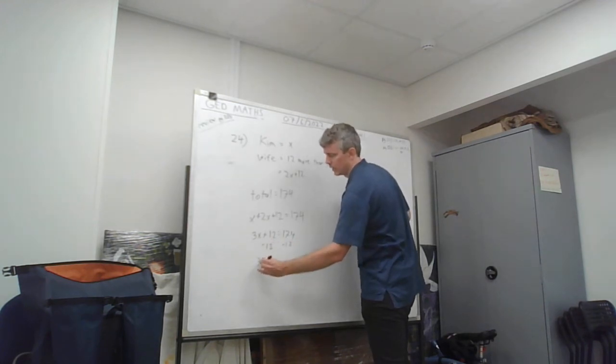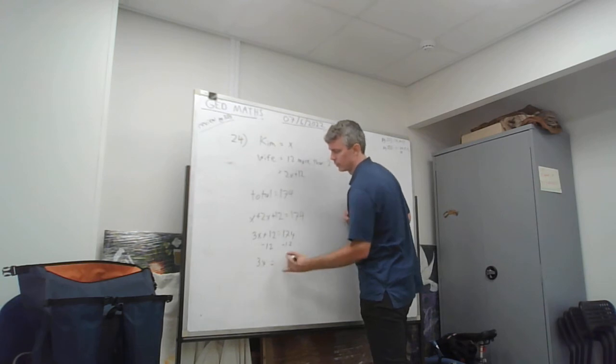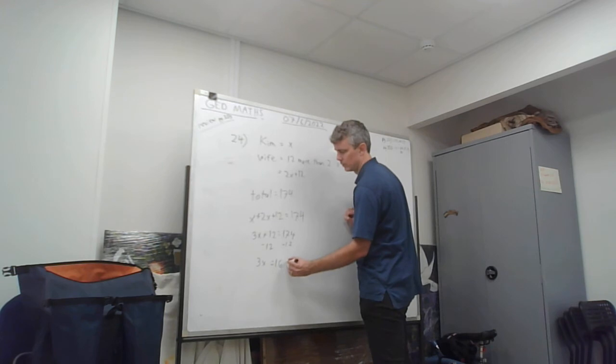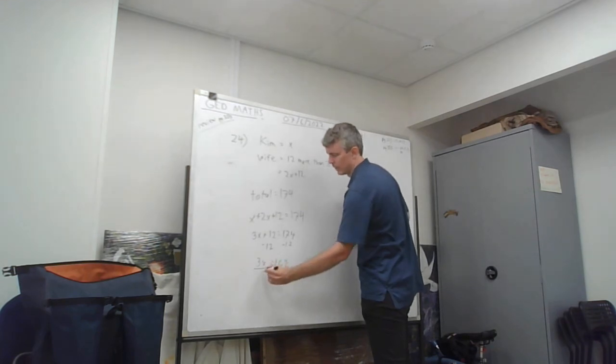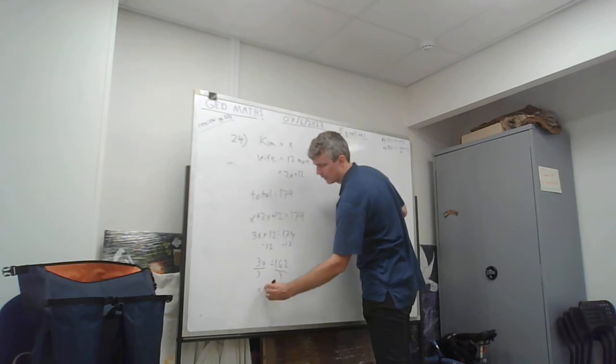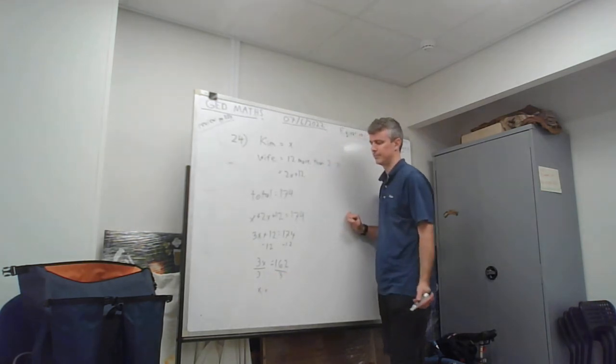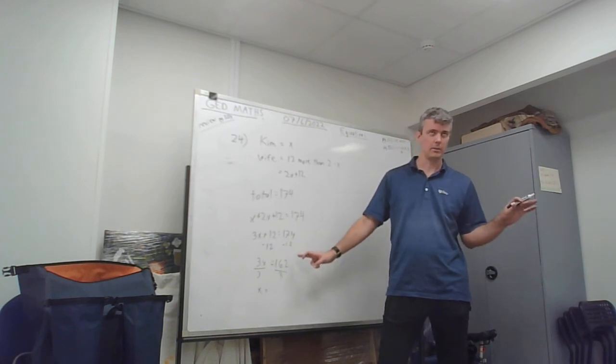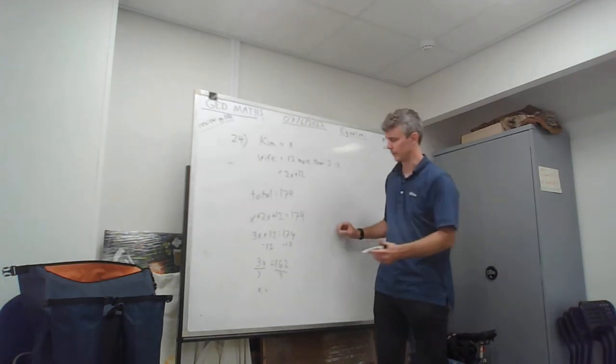We get 3x equals, what's 174 minus 12? 162. Divide both by 3. X equals what? 54. 3 goes into 16, 5 times remainder 1, which is 12, which is 4. $54.